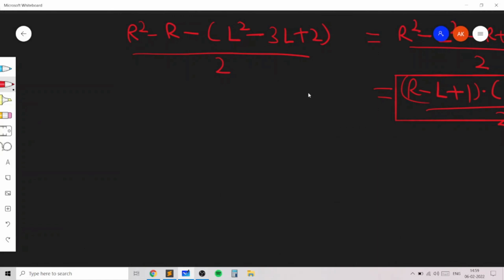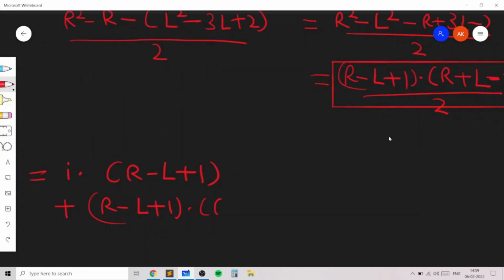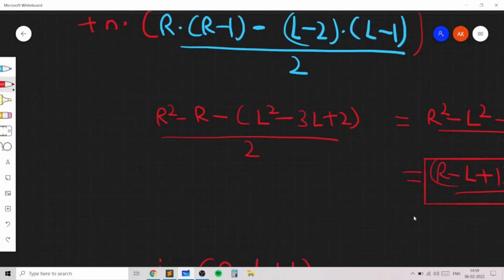So basically what we are realizing is that the sum of elements is actually i into r minus l plus 1 plus r minus l plus 1 into r plus l minus 2 divided by 2 and into n, because n is initially there.